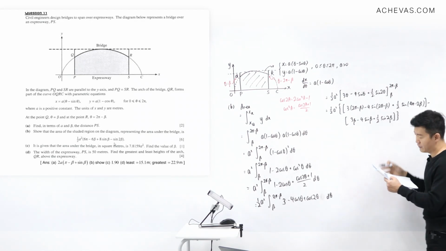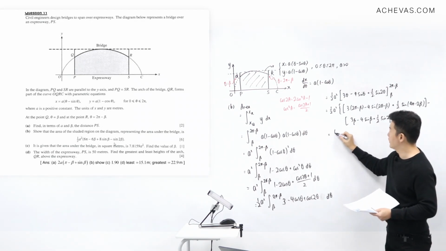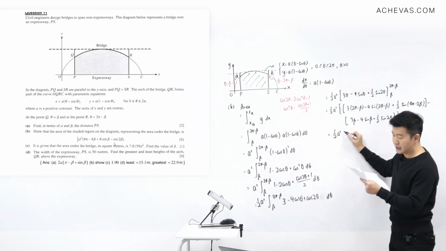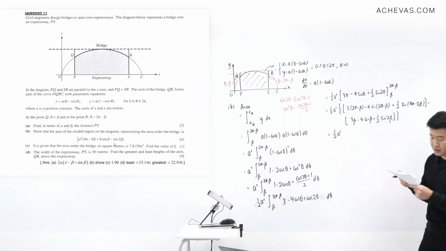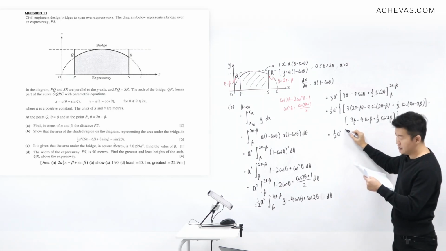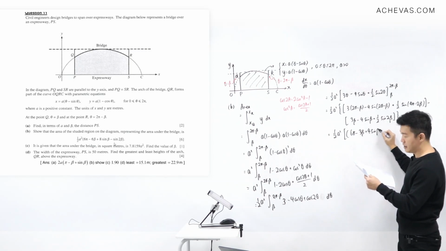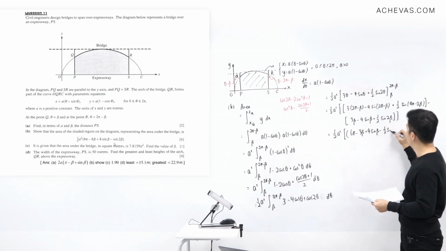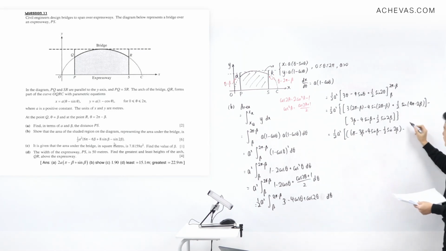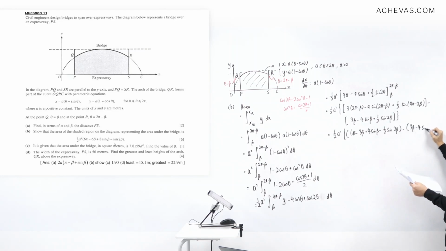Okay, so we have this. Simplifying this further, half a squared, and applying the trigonometric transformation, what we will be getting here is going to be 6 pi minus 3 beta plus 4 sine beta minus half sine 2 beta, minus this, which is equal to 3 beta minus 4 sine beta plus half sine 2 beta.